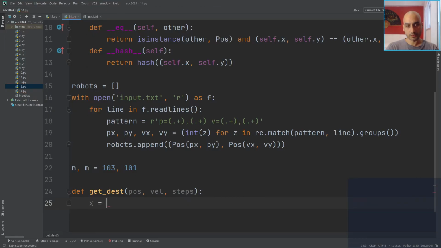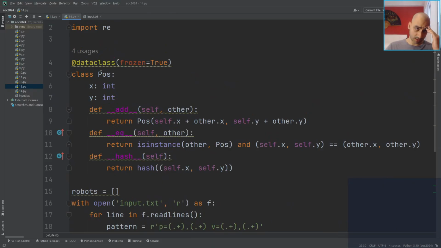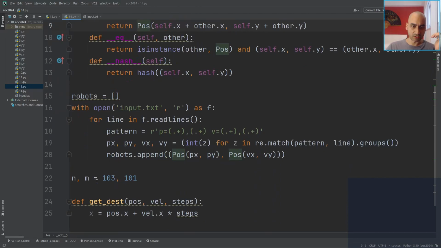X equals pos.x plus vel.x times steps. We could make a mod function for pos, but it would have to be tied to the 103, 101.